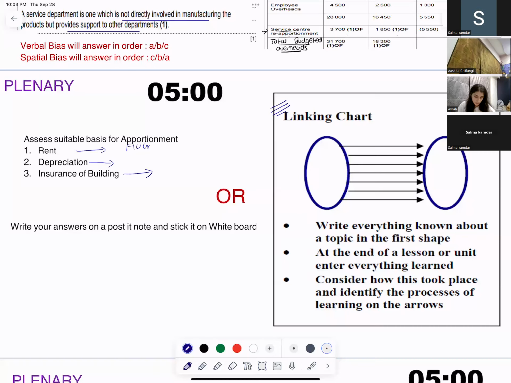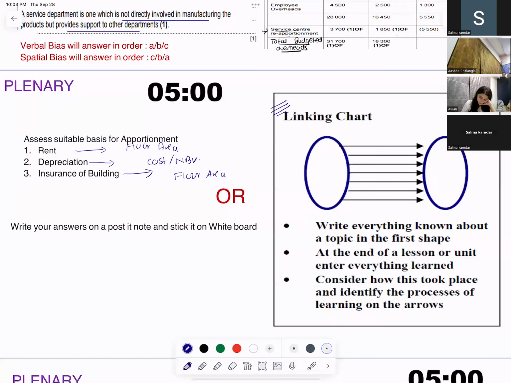For depreciation, cost of asset or net book value of the asset. And for insurance, I don't know, I don't want to guess. Floor area only. Insurance of the building will happen on the basis of floor area.